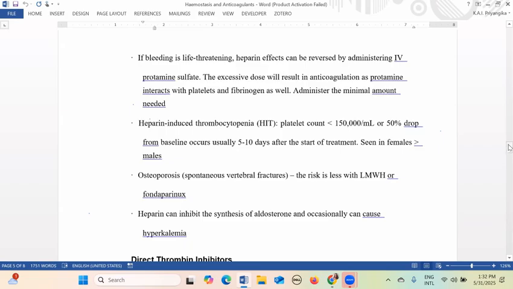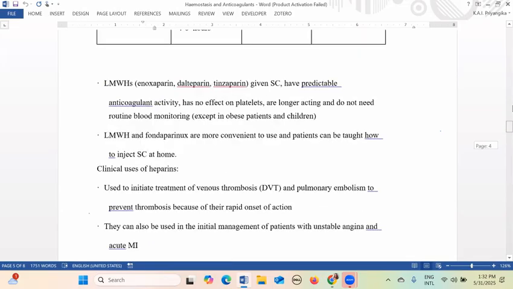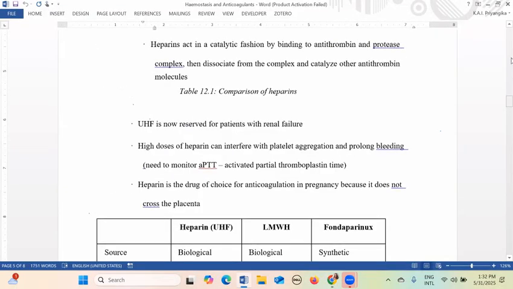Alright, so if we can summarize heparin, can you all say one by one whatever comes to your mind when we say heparin? Can you all type or share what you know about heparin?